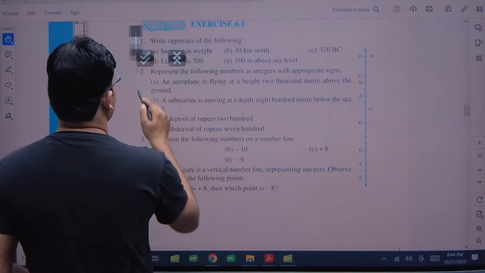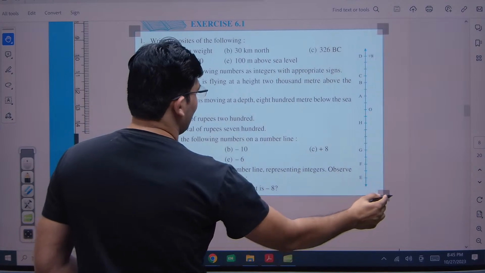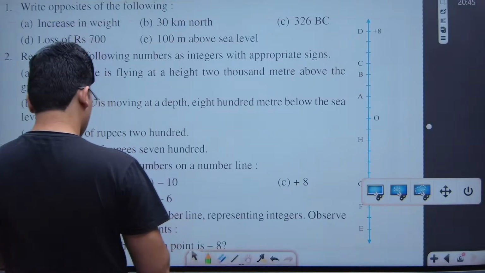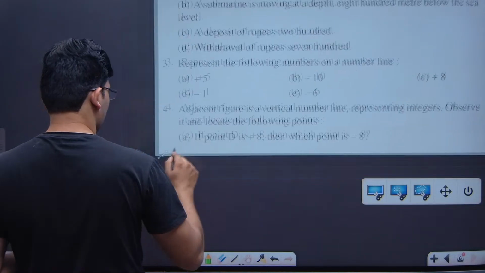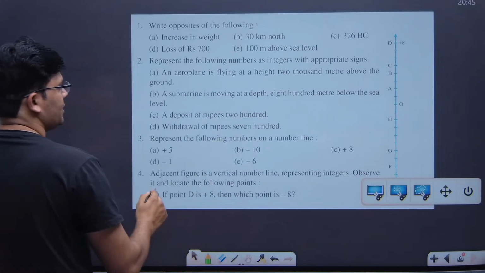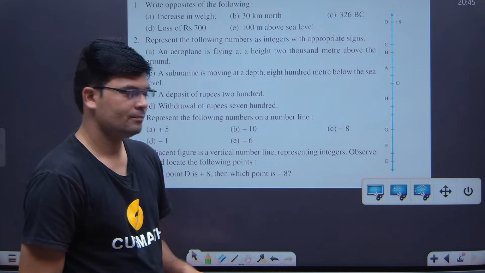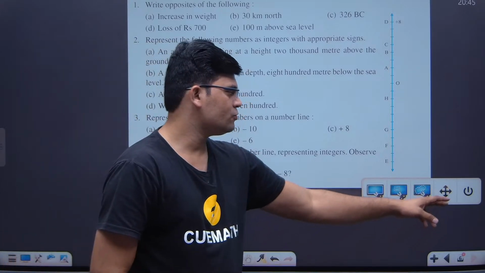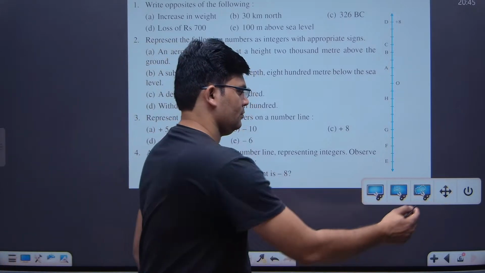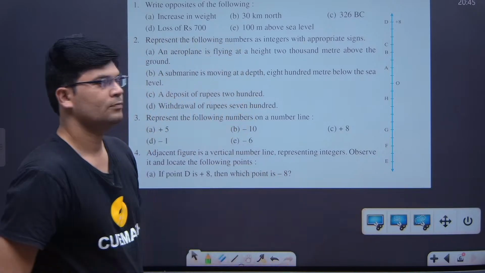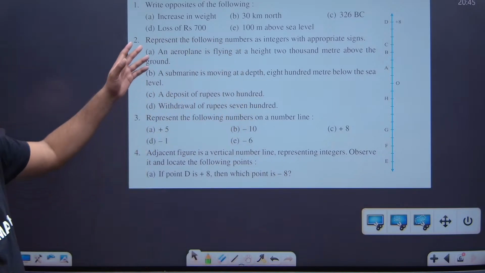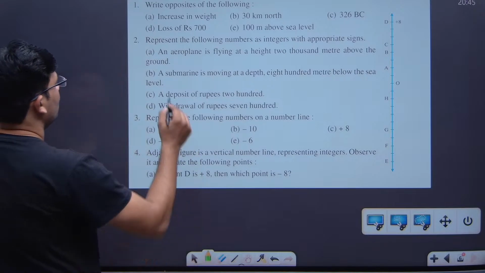I think exercise 6.1. Have you done it before? Which one, sir? This exercise 6.1. Have you ever seen these questions? Write the opposite of the following.